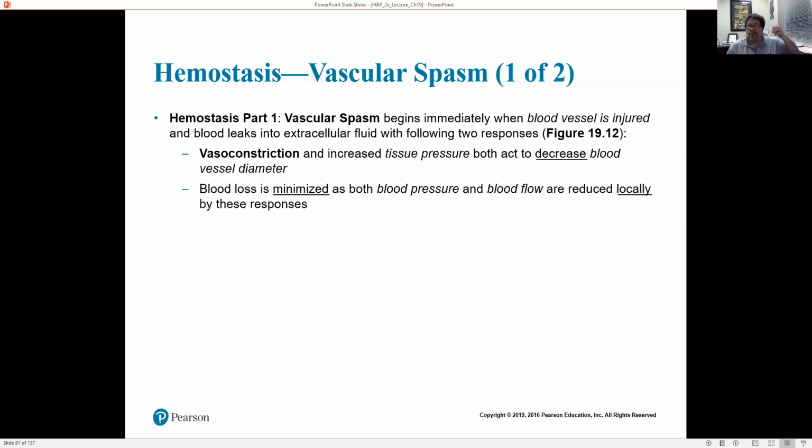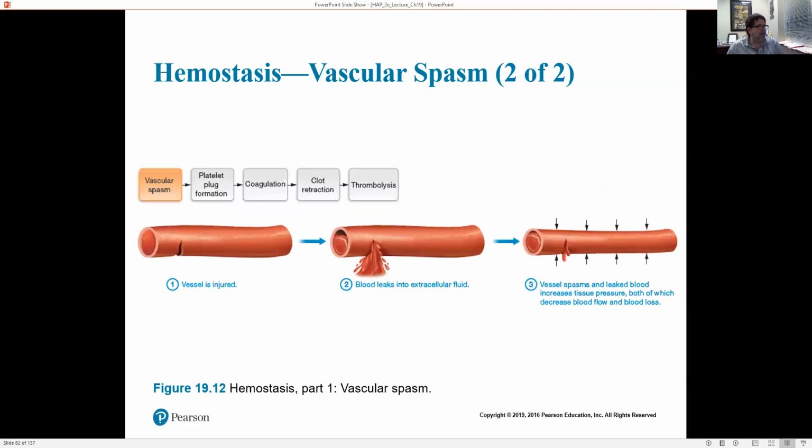So you cut a blood vessel, smooth muscle clamps down to stop it. Here you can see blood vessel injured, blood leaks into extracellular fluid, the vessels spasm, and that squeezing down of the smooth muscle and the leaked blood increases tissue pressure, both of which decrease blood flow and blood loss. Okay, so that's the first step.